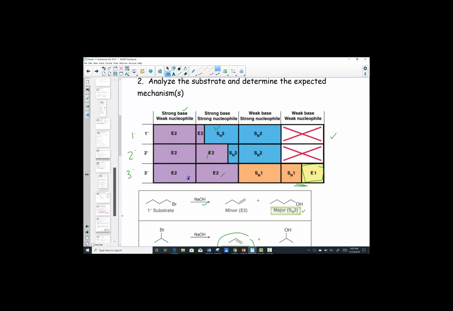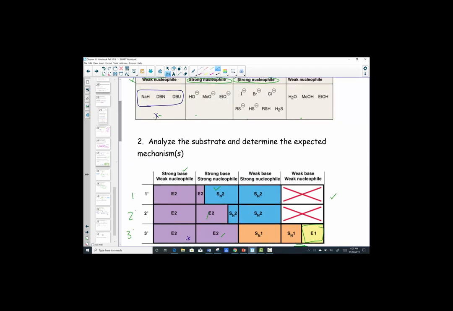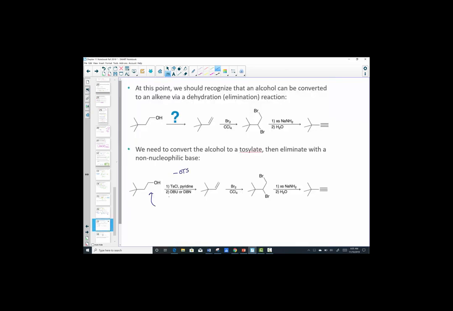As I decide what base to use to accomplish this, what we end up looking at is this particular chart for our selections. So this is the highlight that creates our answer in this particular step. DBU, DBN accomplishes the alkene, then I brominate, then I eliminate HBr twice to force an alkyne to be produced.